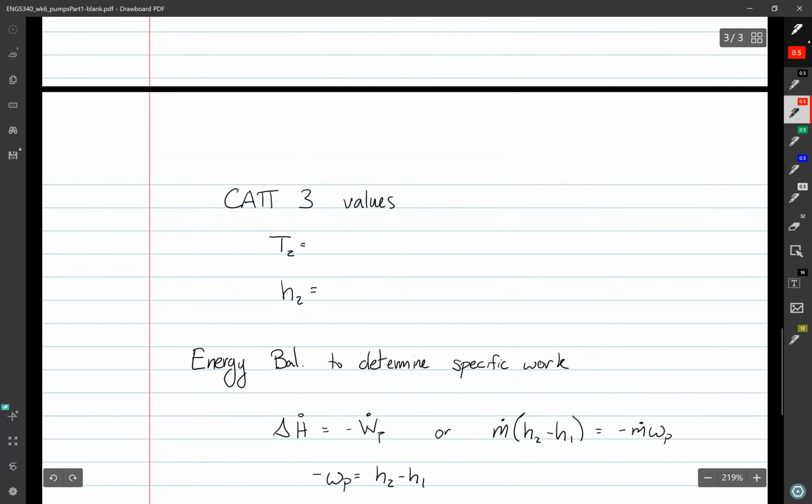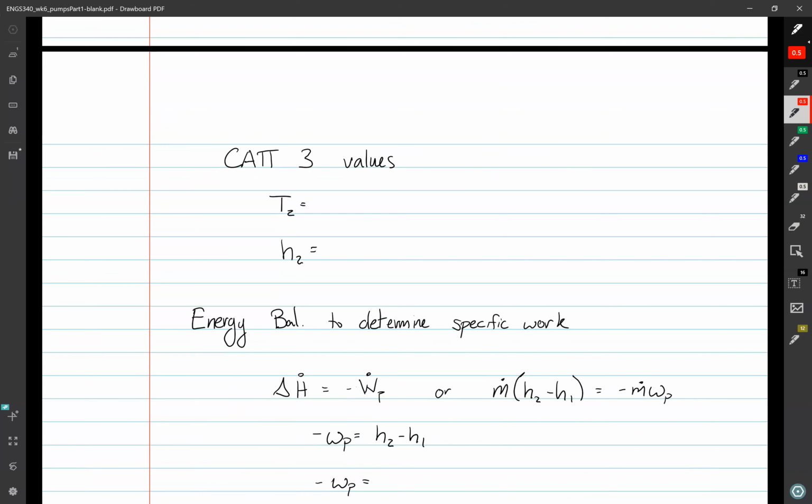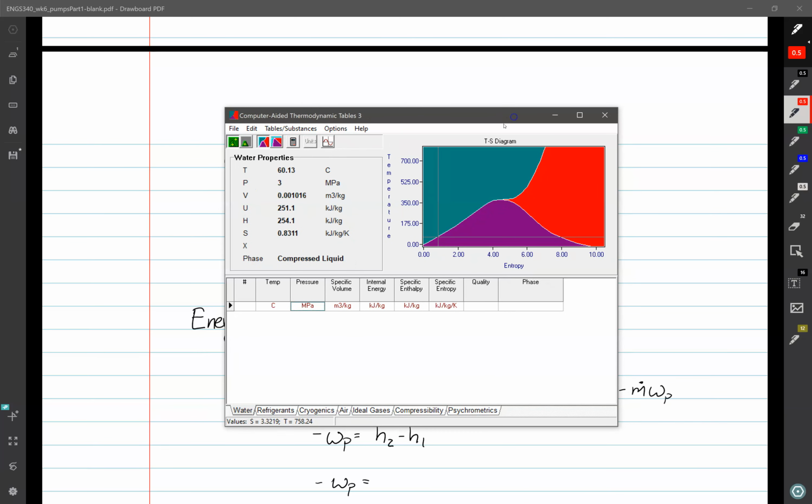Okay, so you may say, this is why we have Cat3. So let's see what values Cat3 gives us. Hopefully it gives us basically the same thing. So we'll pull up Cat3. Okay, so we're looking at the tables for water.